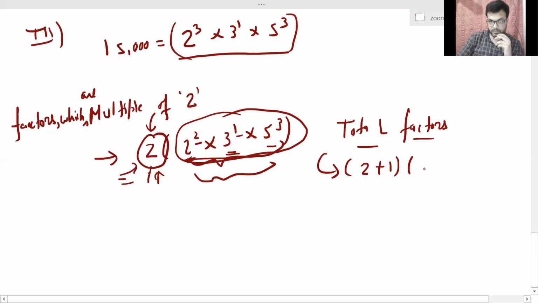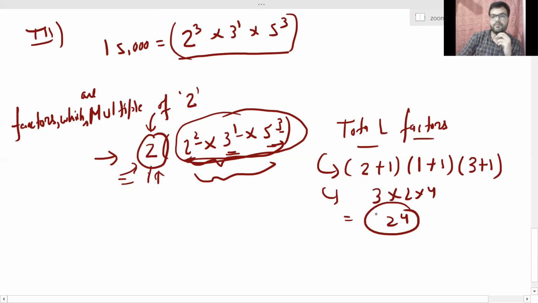The power of 3 is 1, so in the second bracket, take 1 and then add 1. The third prime number is 5, and the power of 5 is 3. In the third bracket, take 3 and then add 1. So you have got 3 into 2 into 4. This will be 24. So 24 factors are there which are the direct multiples of 2. Getting my point? This is how we'll find out.